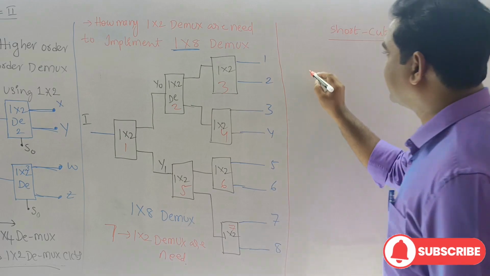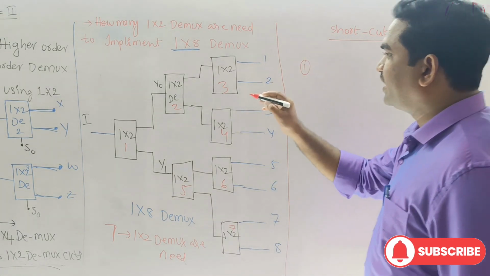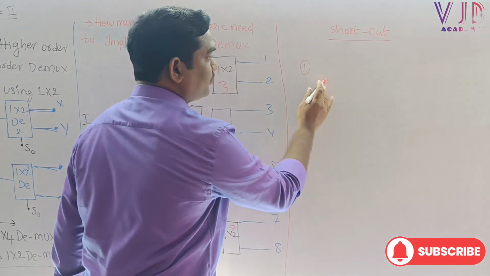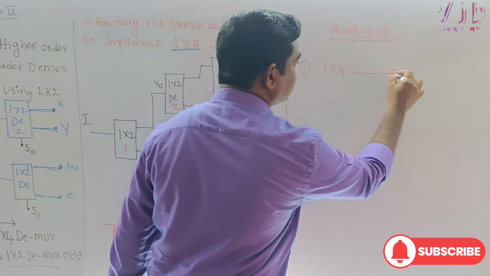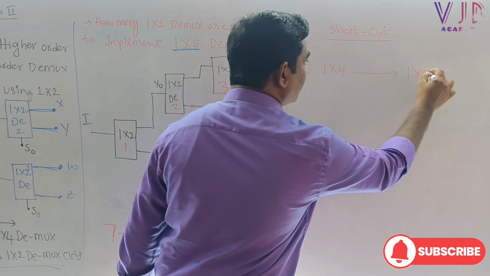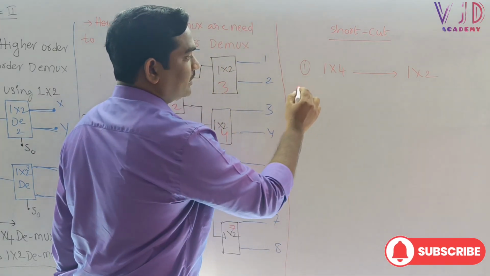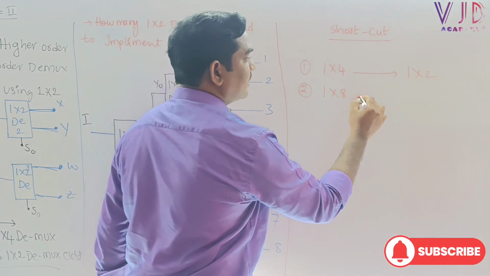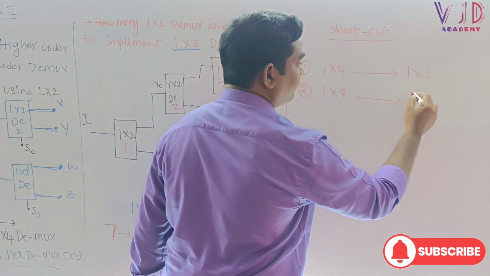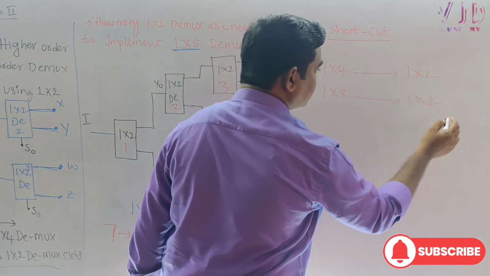Suppose the question is asking: to implement a 1 into 4 demultiplexer, how many 1 into 2 demultiplexers are needed? The second one: to implement a 1 to 8 demultiplexer, how many 1 to 2 demultiplexers are needed?